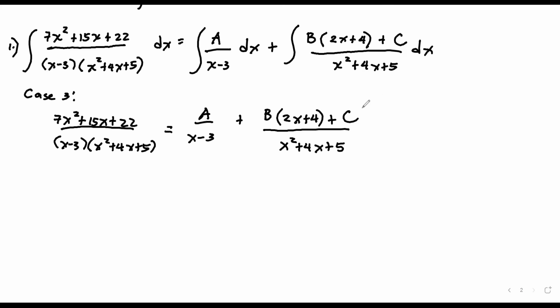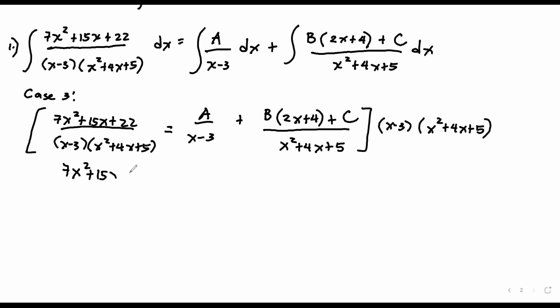Multiply both sides by the LCD, x minus 3 times x squared plus 4x plus 5. Divide this by the denominator, each denominator. So we will have 7x squared plus 15x plus 22 equals a multiplied by x squared plus 4x plus 5 plus b times 2x plus 4.